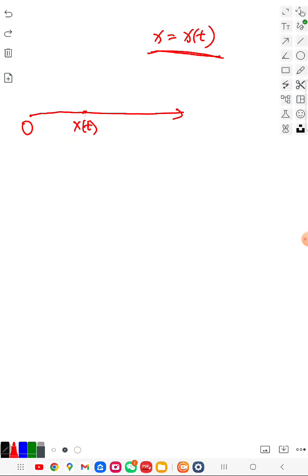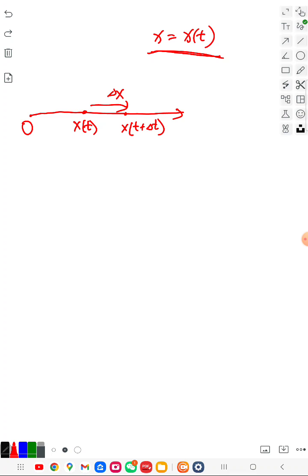So at first it was at point x, and it traveled delta x in a delta t time. So that now the object at t plus delta t is at the place x(t plus delta t).